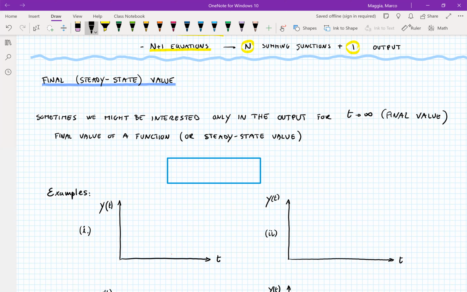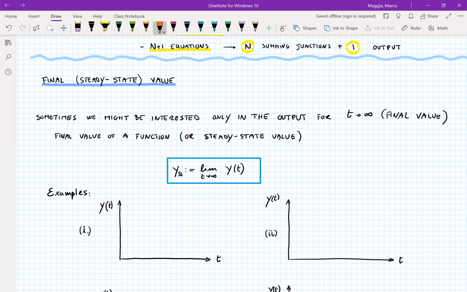So for a generic function in the time domain, the final value or steady state value is defined as the limit for time that goes to infinity of y of t. As simple as that.